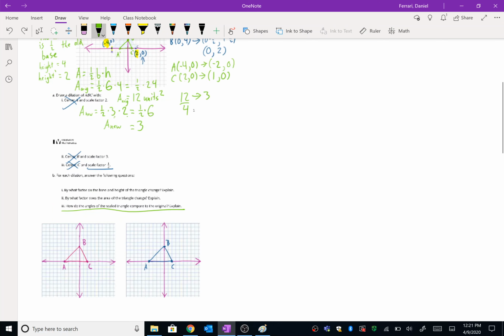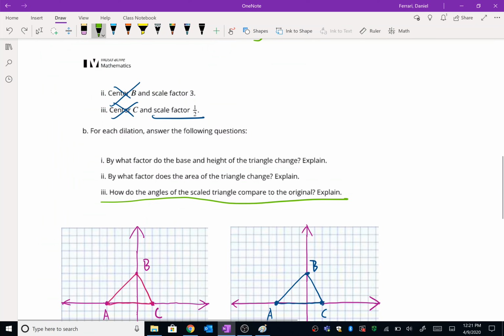The angles of the scaled triangle compared to the original, you would say they are the exact same. So remember, I did the hardest one here. All you have to do is go back and do 1 and 2, and repeat this process, basically do exactly what I did for all 3 of these options. We did the first one together. You just need to complete the other 2.